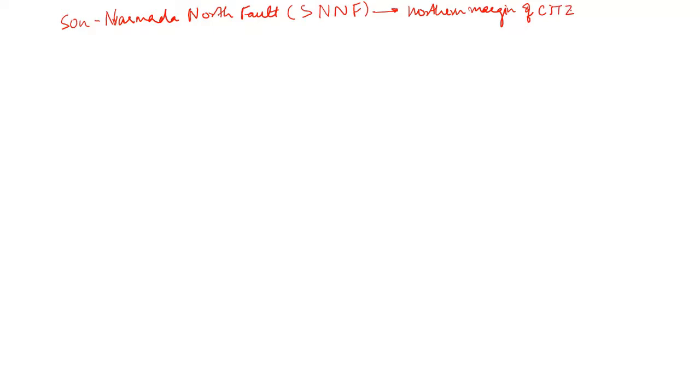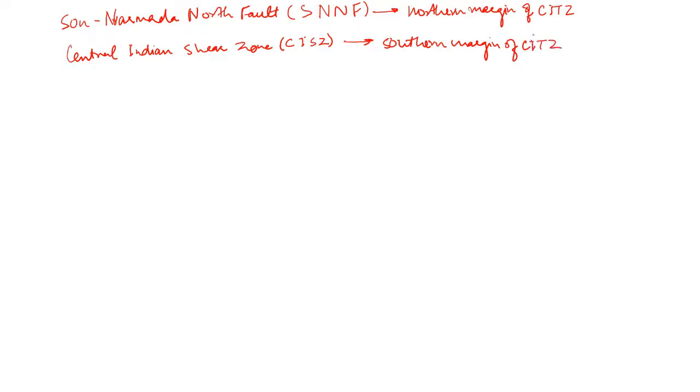while the central Indian shear zone, CISZ, marks the southern margin of CITZ. And in between these two, we have several geological formations.